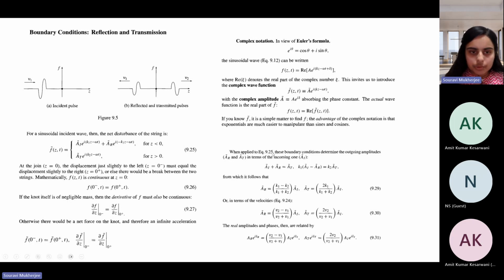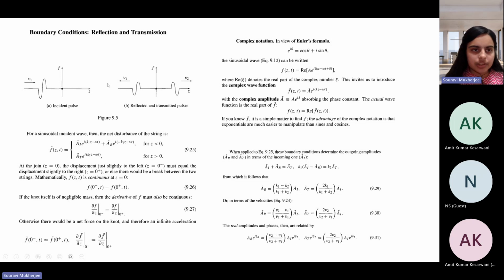Now if you apply the boundary conditions to this wave, you get something like this. This shows how the reflected amplitude, the transmitted amplitude, and the incident amplitude are related to each other. So you see how much of your incident light is reflected and how much of it is transmitted, and that depends on the velocity of your wave in these two regions.